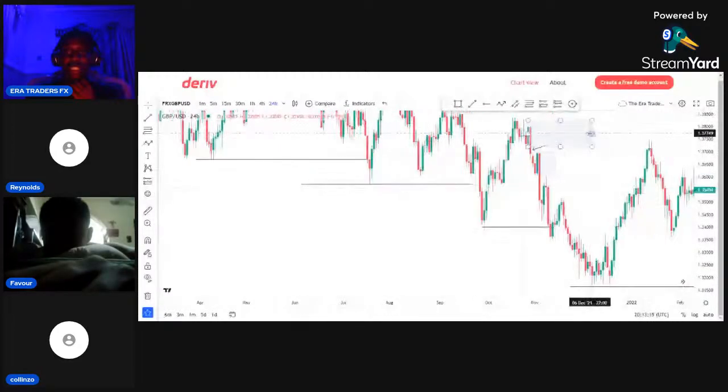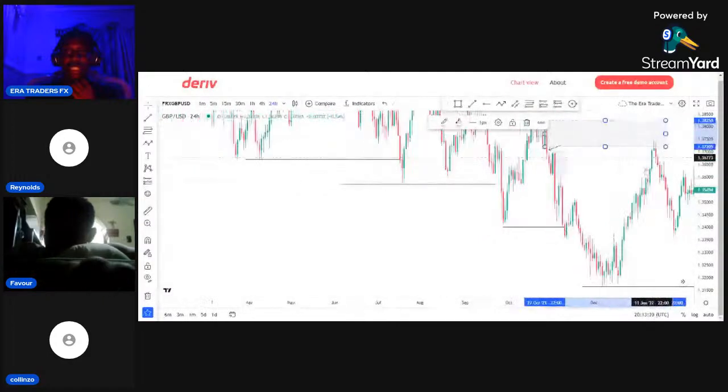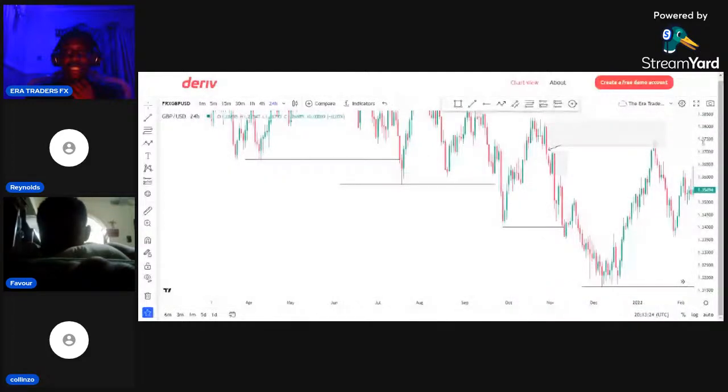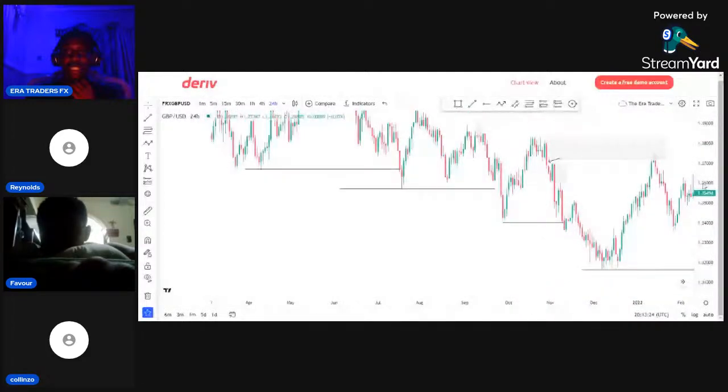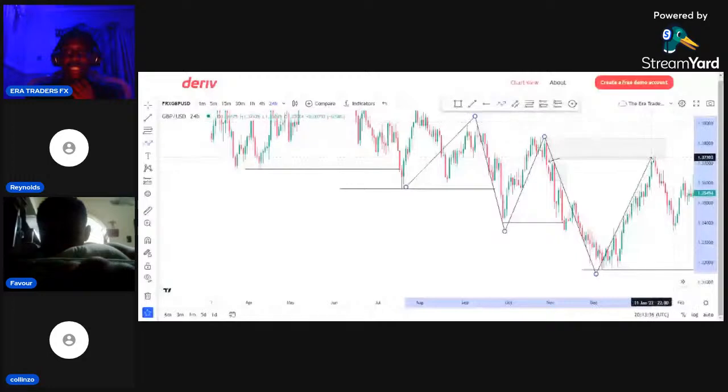Can you see how price came into that zone, and you will be selling from that zone because you know that the market is taking out the low. The downtrend is forming a series of lower lows and lower highs, hitting this previous low. So when it comes into your supply zone, you should target the previous low.